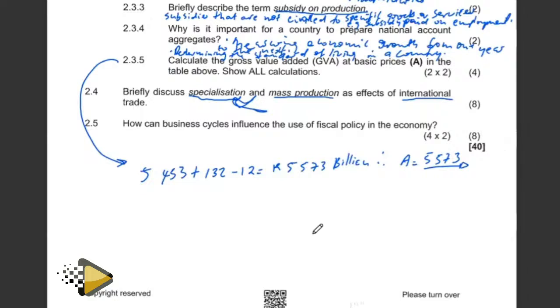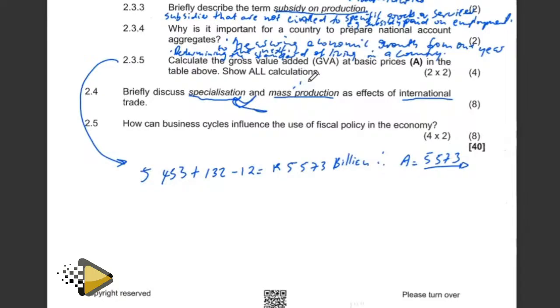If you still remember, whenever we talk of international trade we refer to buying and selling of goods and services amongst different countries. When we talk of mass production, we check the production of goods and services in larger quantities.